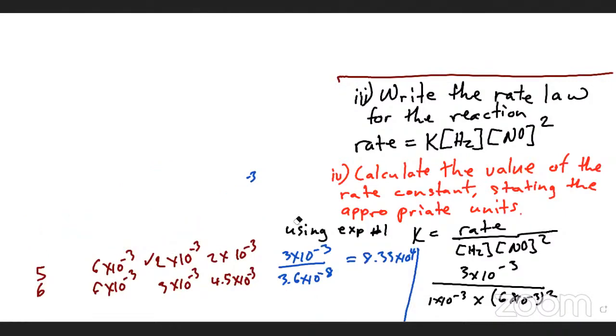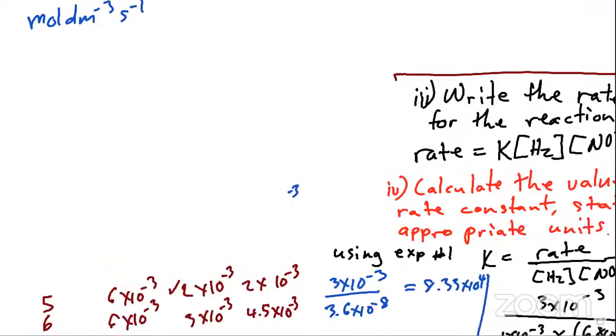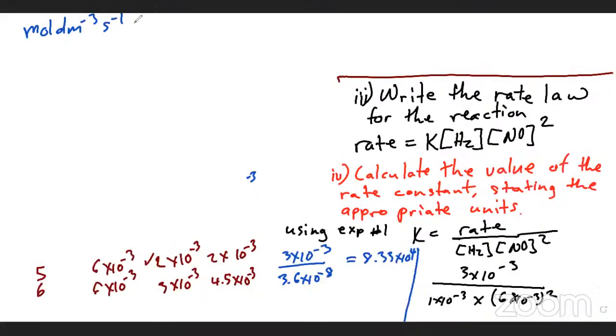All right. So the units now. In the table, they will give you the unit for rates, but generally it is moles per dm cube per second. So I am calculating the units now. So this is it for rate: mole divided by the dm cube times 1 over s.